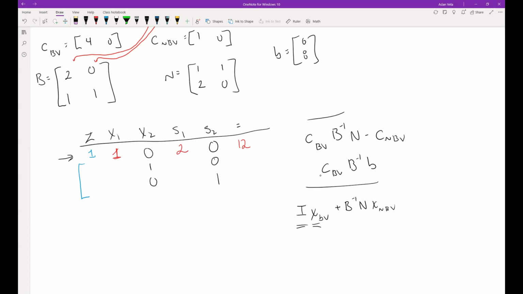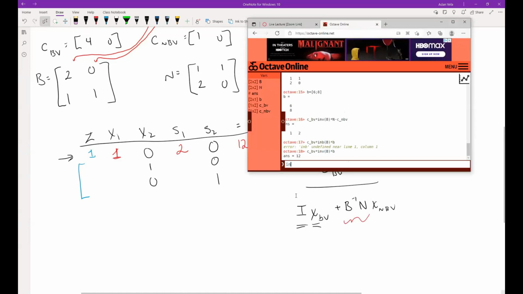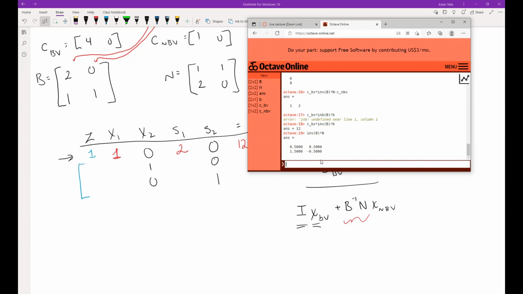The only part that we really need to worry about is the B inverse times N. We can go to Octave, type in inverse B times N, and that's what we get. We get 0.5, 1.5, and then 0.5 and negative 0.5. With that, we can plug those values into our table.